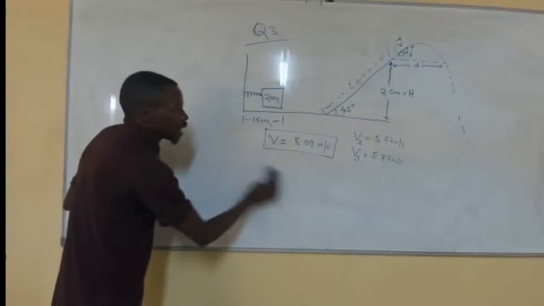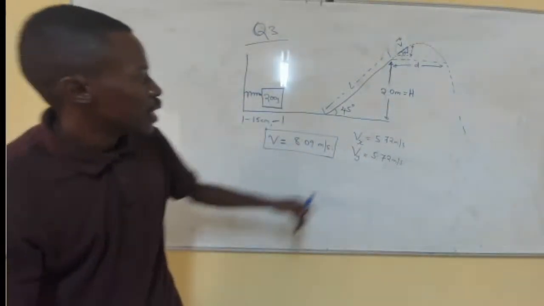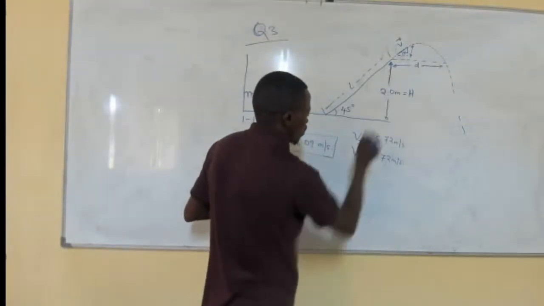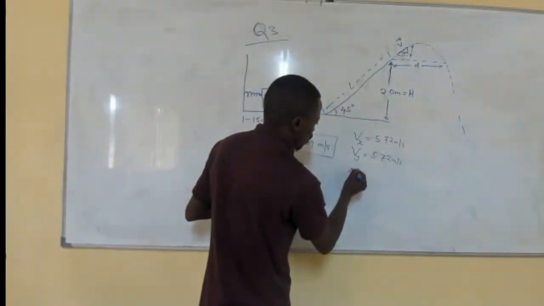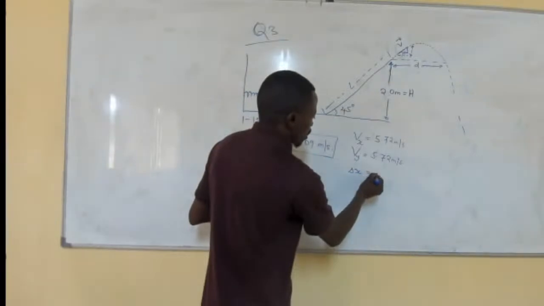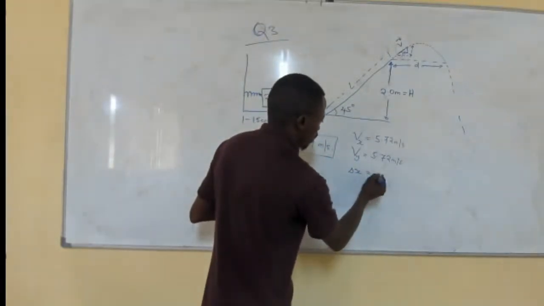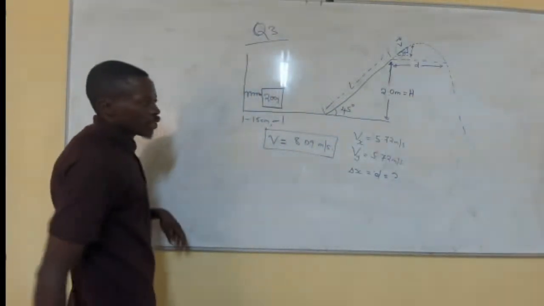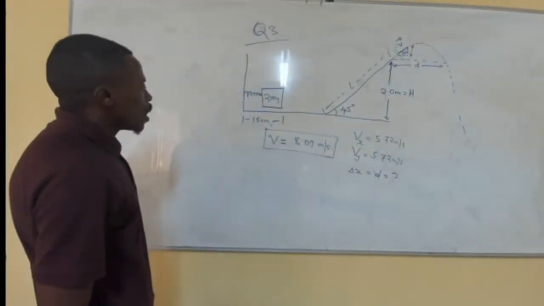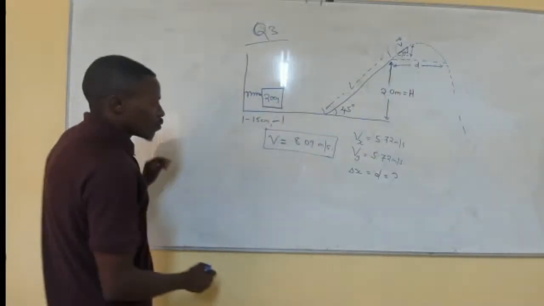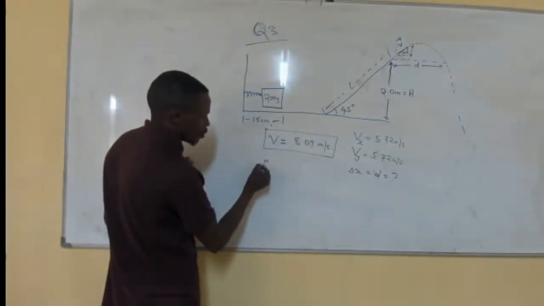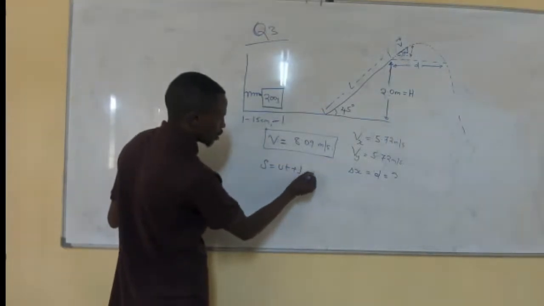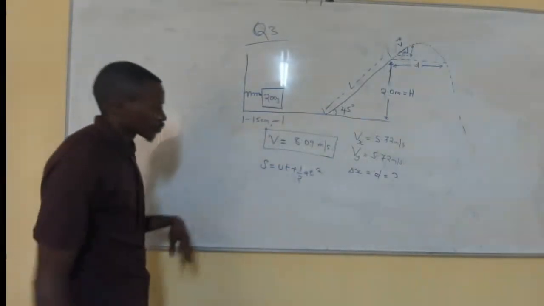Now that we have these components and we have x, remember x is our range, so that is just a change in x. That's what we need to find. So x is equal to d, and we need to find that. If we employ equations of motion, I'm going to use s is equal to ut plus half at squared.